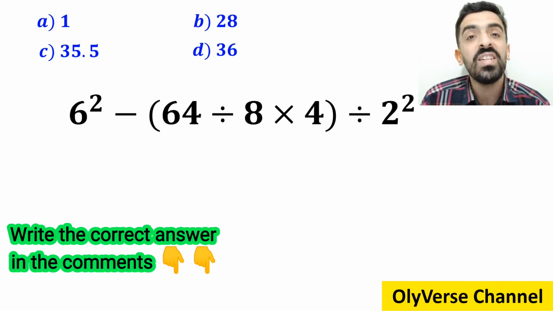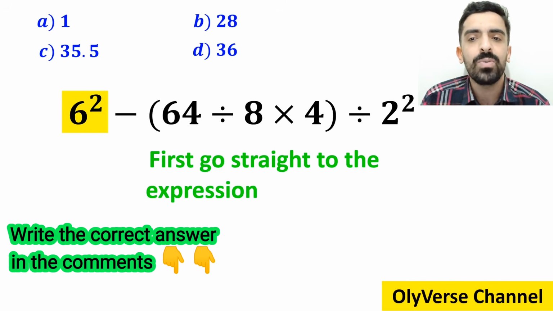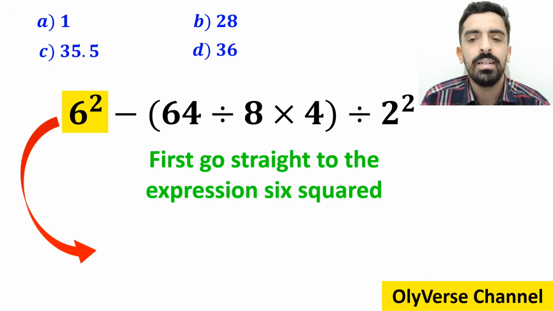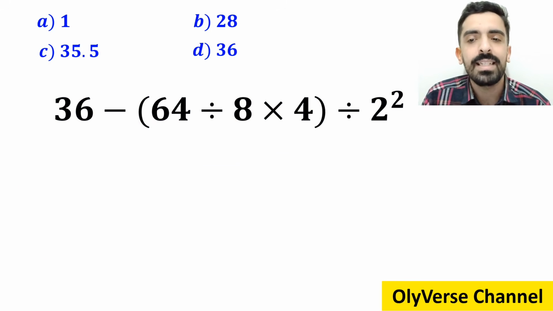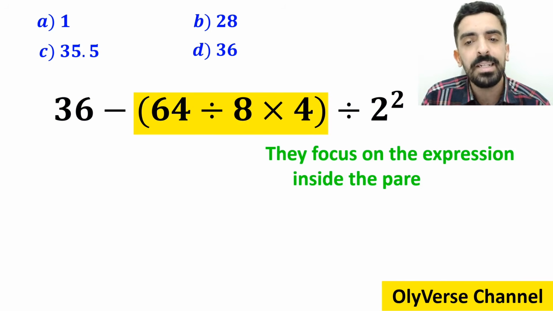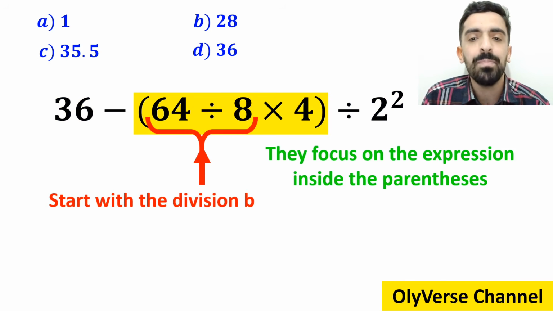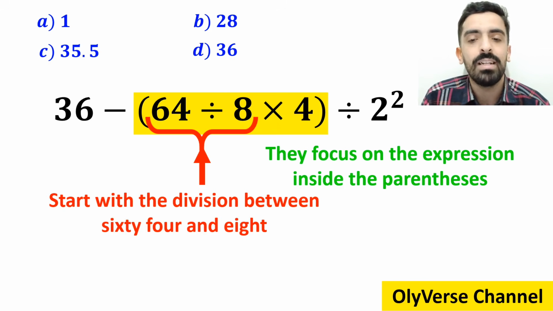Also, some other people when solving this question first go straight to the expression 6 squared and simplify to 36 minus 64 divided by 8 times 4 inside the parentheses, then divided by 2 squared. And the next step, they focus on the expression inside the parentheses and solve the division between 64 and 8.